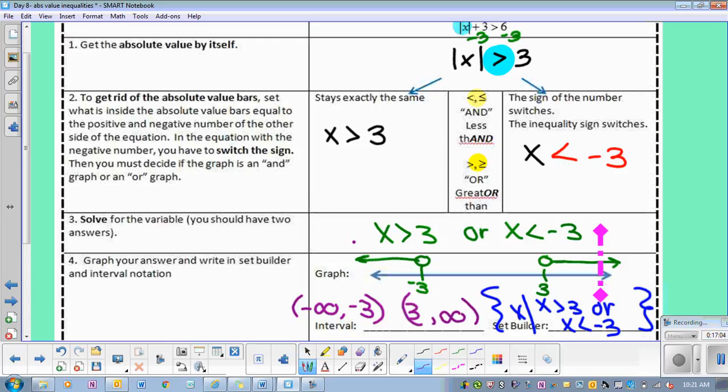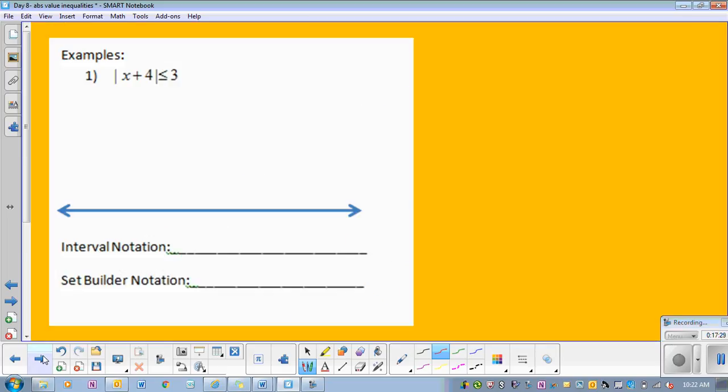And remember, infinity and negative infinity always get parentheses. Perfect. Guys, remember, if you have two intervals like this, you need to connect them with the little u. Union, right? All right, questions about this? Okay. Let's go on to the next one.